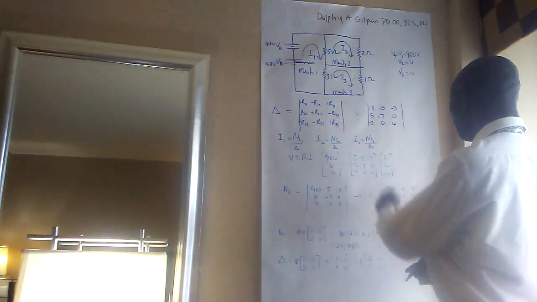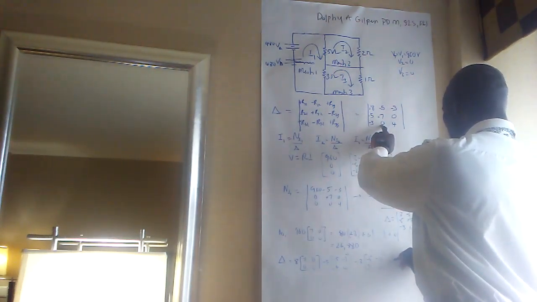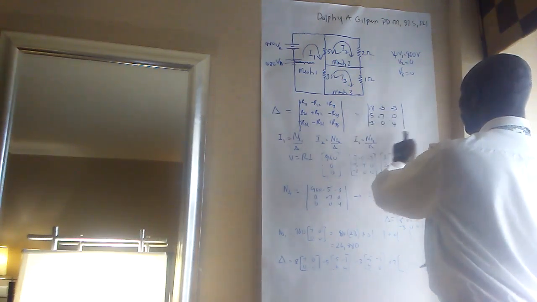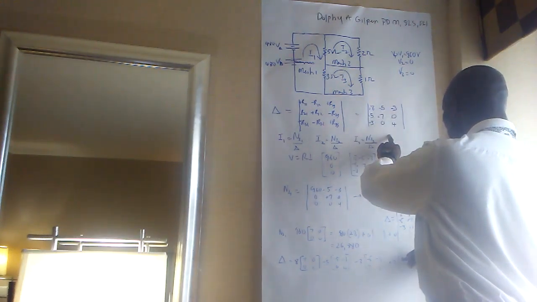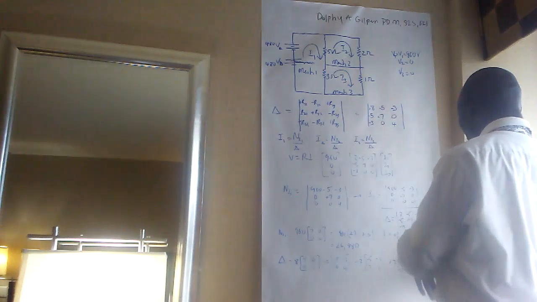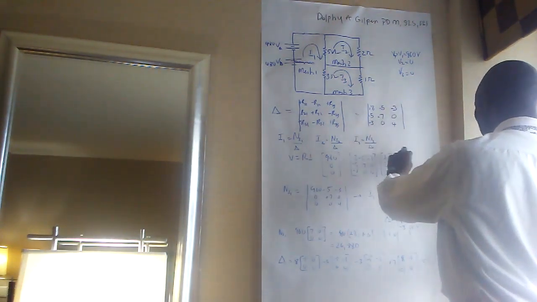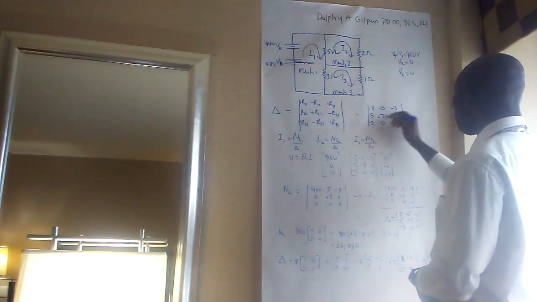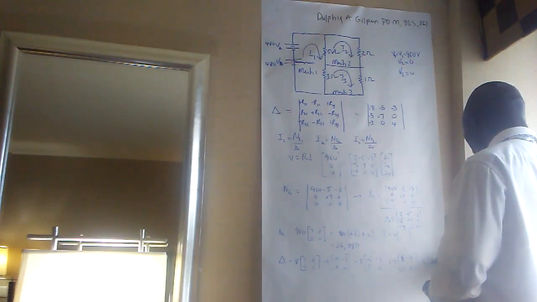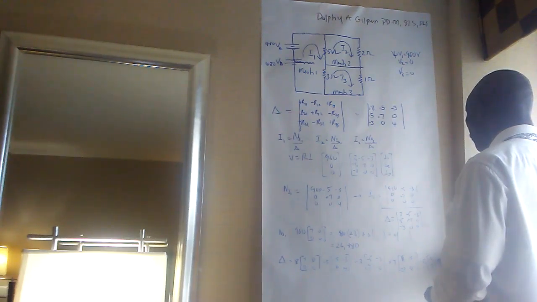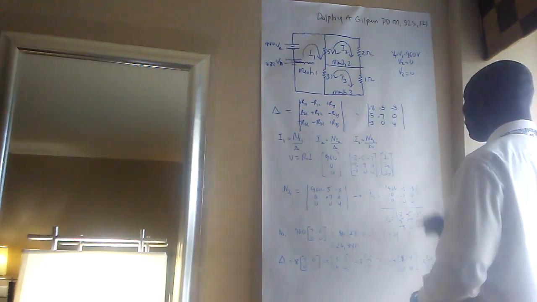plus 0 into that will drop out, plus now 7 into 8, 4, minus 3, minus 3, and then minus 5 into, we're finding delta now, minus 5, minus 3, minus 3 and 4.